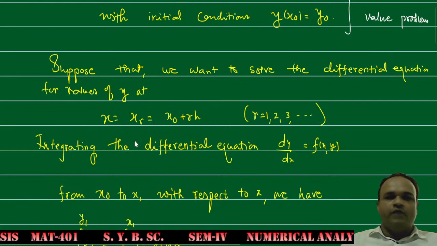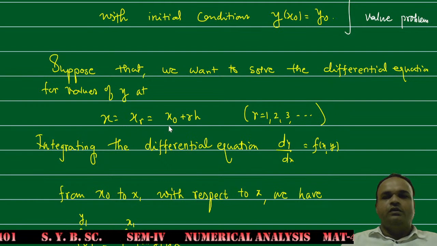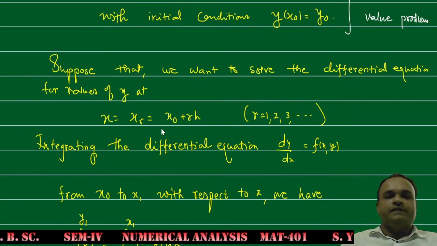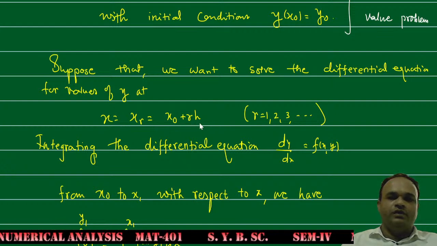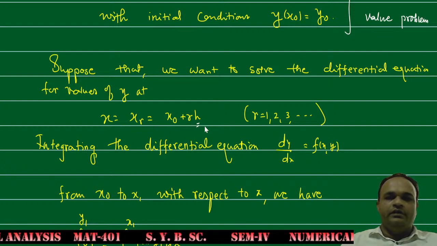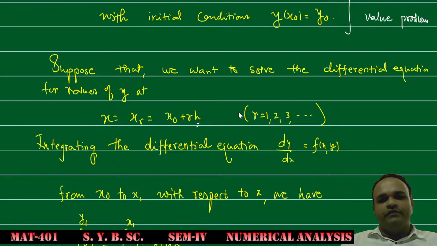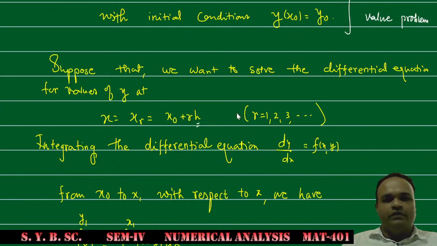for values of y at x equal to x0, up to x equal to xr, where xr is equal to x0 plus rh. Here h is the common difference between two consecutive xi's.